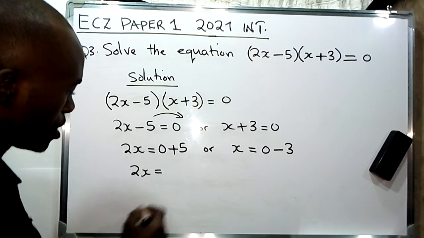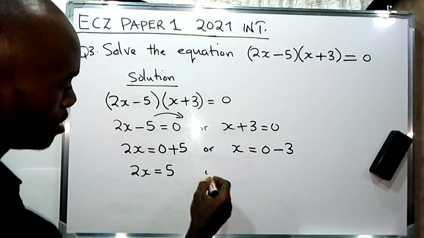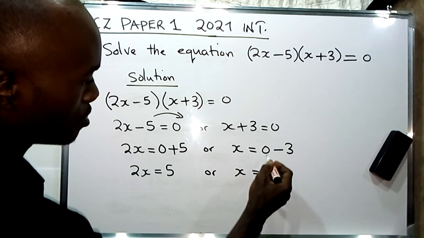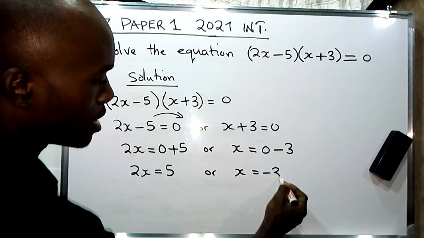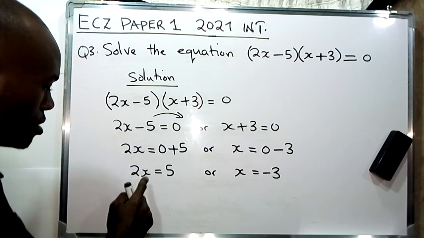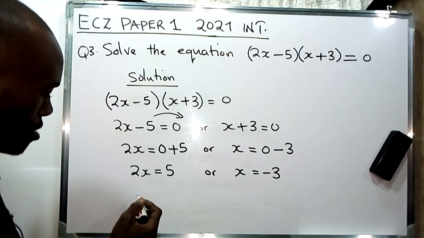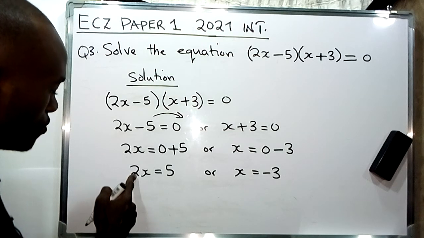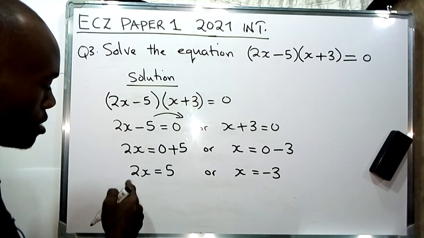Now at this stage you can simplify further. We are going to have 2x = 0 + 5, which of course gives us 5, or x = 0 - 3, which gives us negative 3. Then since we want to find the value of x, we are going to divide by 2 on both sides, multiplying by the multiplicative inverse of 2, which is 1 over 2 throughout.